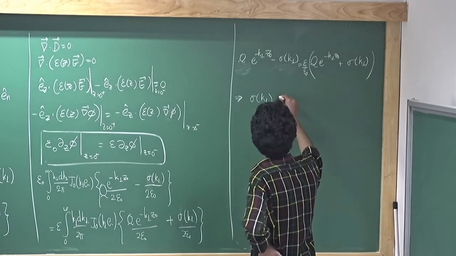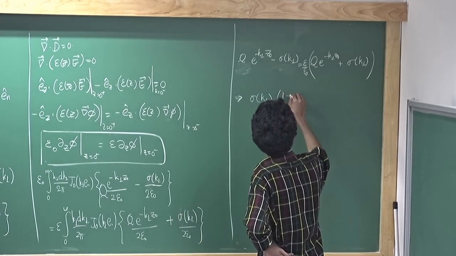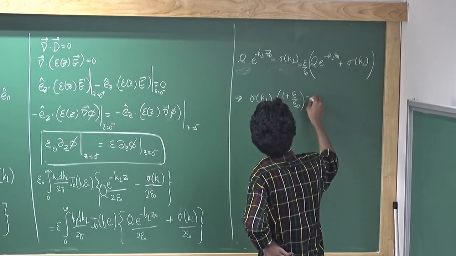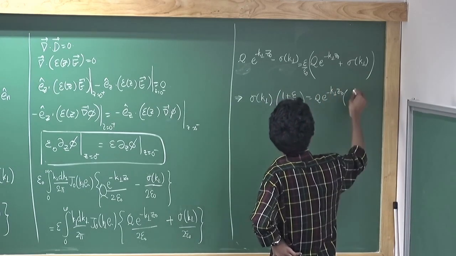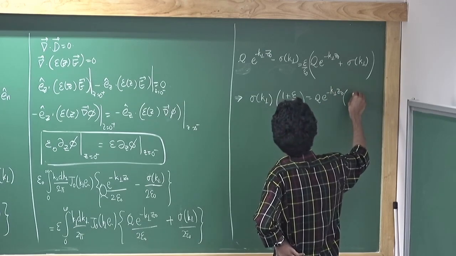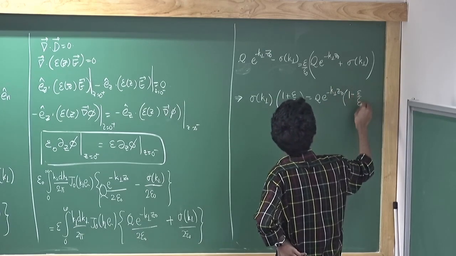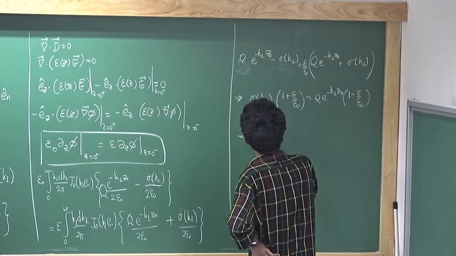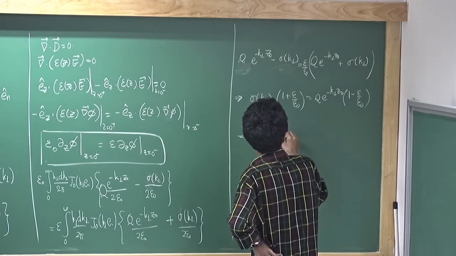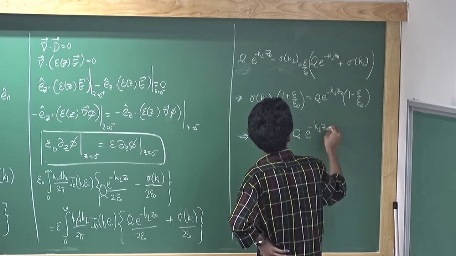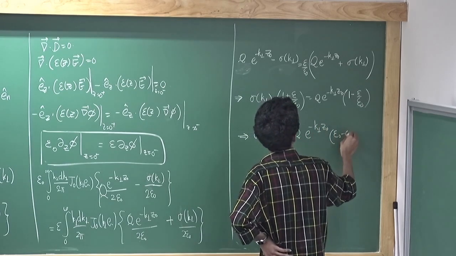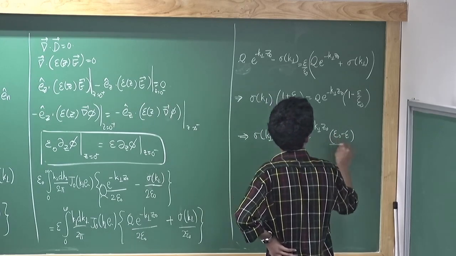So you get sigma of k perpendicular into 1 plus epsilon over epsilon naught equal to Q e to the minus k perpendicular z naught into 1 minus epsilon over epsilon naught, which implies that sigma of k perpendicular equal to Q e to the minus k perpendicular z naught times epsilon naught minus epsilon by epsilon plus epsilon naught.